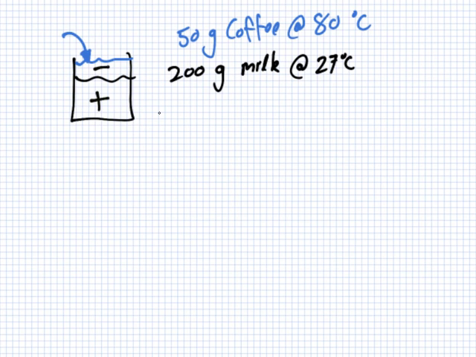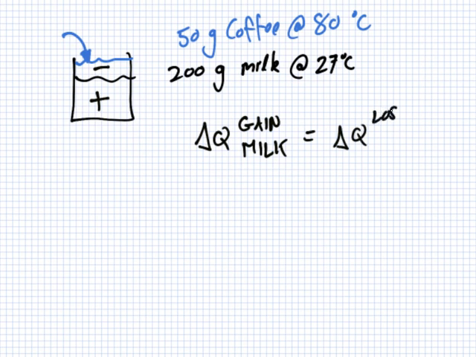Now the key here is understanding that because of conservation of energy, the energy which is gained by the milk, is equal to the energy lost by the coffee. And they both start at 27 and 80, but they both finish at some temperature we'll call X.